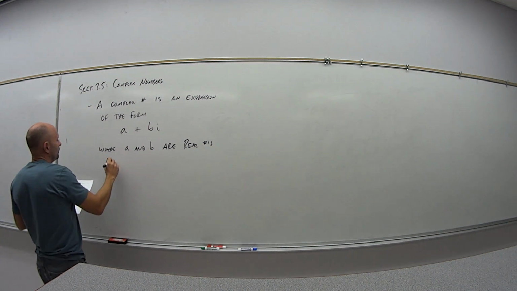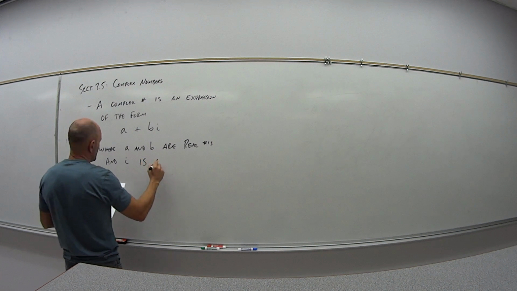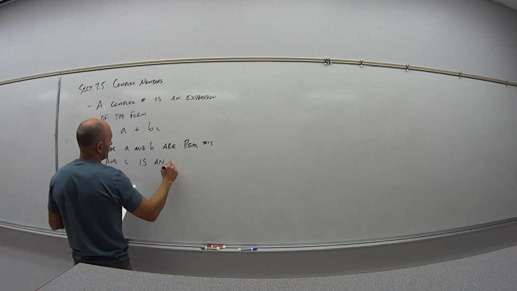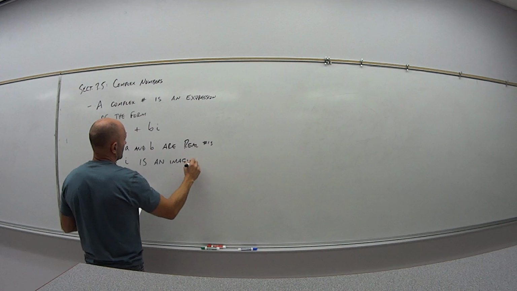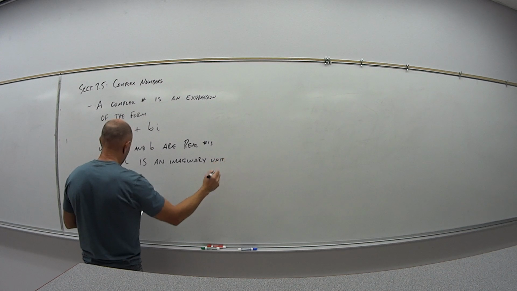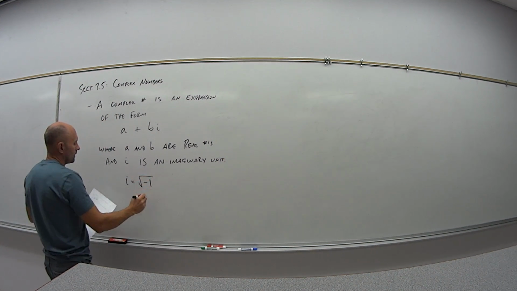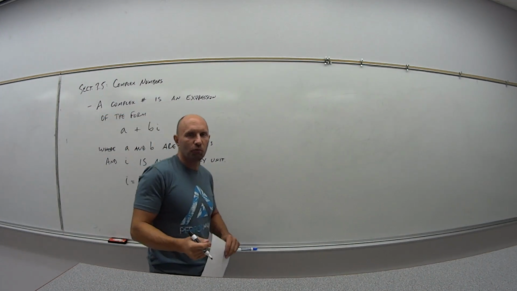Now we have this new unit, i, which is an imaginary unit. Specifically, i is equal to the square root of negative 1.